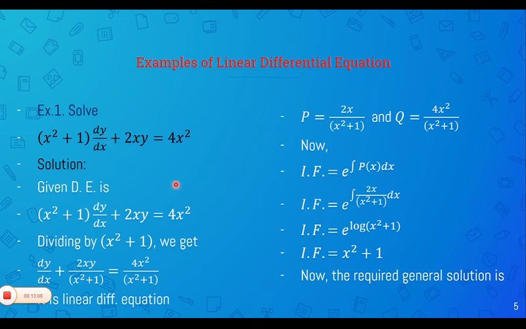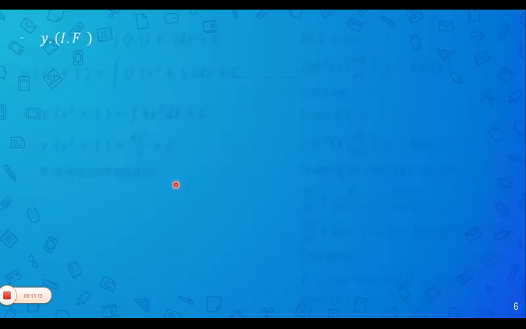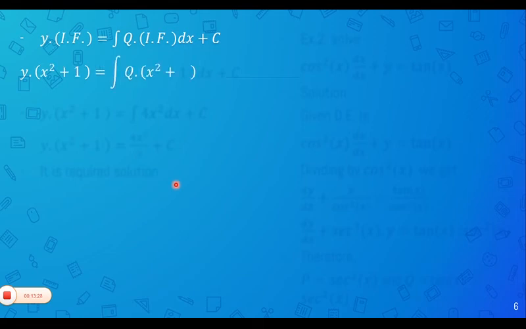Therefore, while writing the general solution, you first write y into integrating factor is equal to integration q into integrating factor plus c. Now we know that integrating factor is x square plus 1. Put this value, we'll get y into x square plus 1 is equal to integration of q into x square plus 1 dx plus c.